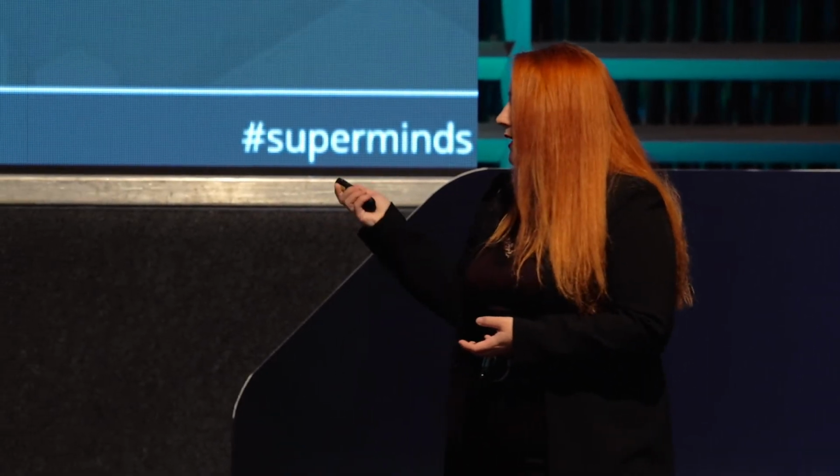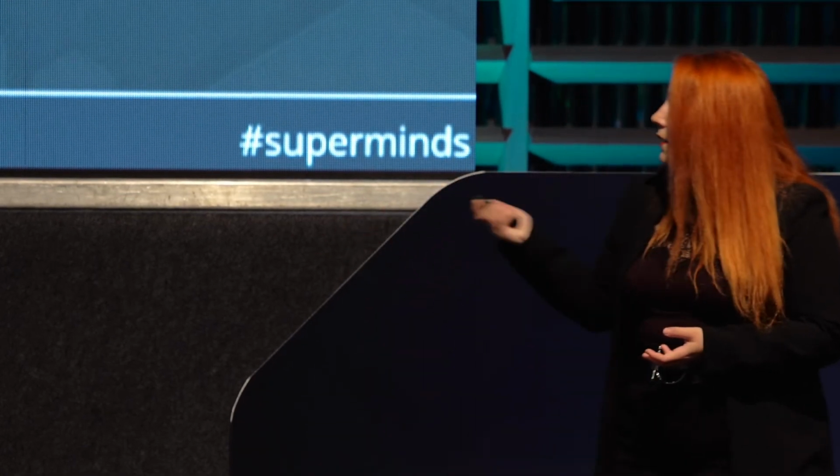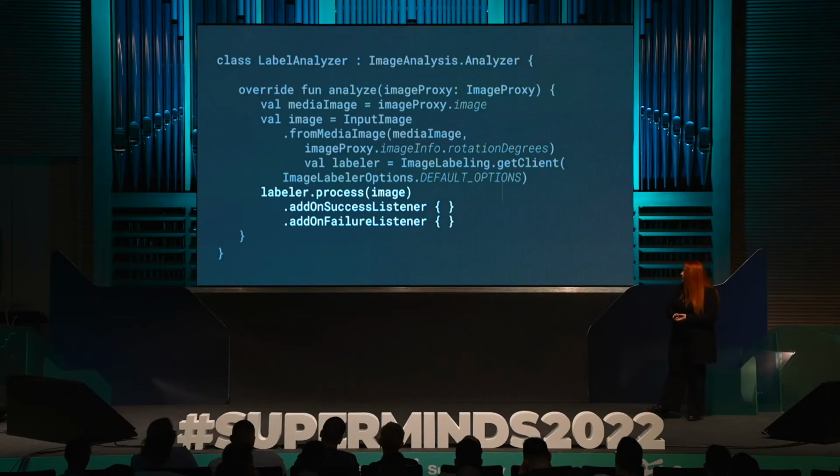And finally, we can just get the information about the labeled objects. To get it, we call the process image method. We pass our image that we've already prepared over there. And we have two listeners, the success and the on-failure.